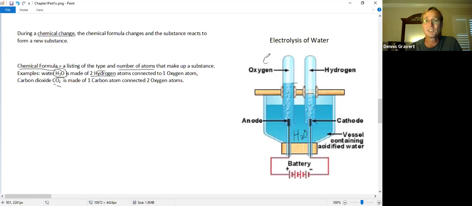Turns out it's 2 oxygens stuck together, O2. Hydrogen gas, they also like to pair up in the natural state. It's H2 gas. And so if you have the chemical formula, you can clearly see, hey, it changed. Start with a bunch of H2Os, and now you have some O2s here and some H2s here. That must be a chemical change.